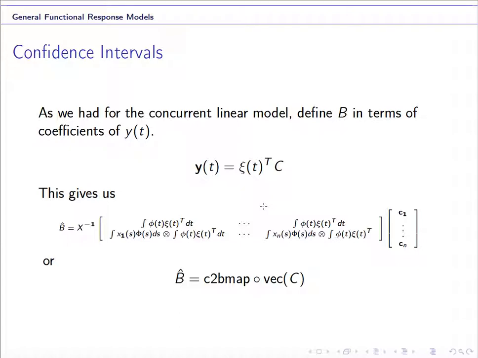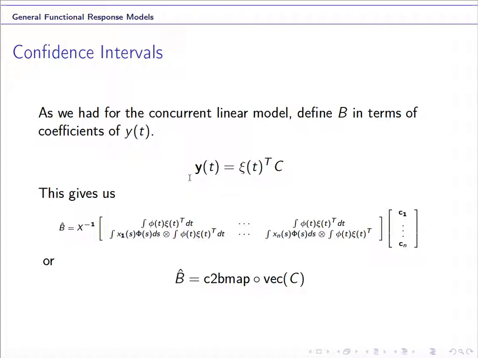And also you can define the confidence interval for these parameters. So the formula will become more complicated, but the idea is very similar to before. So basically, in the end, you will find that, suppose the response y of t can be written as a linear combination of the basis functions.